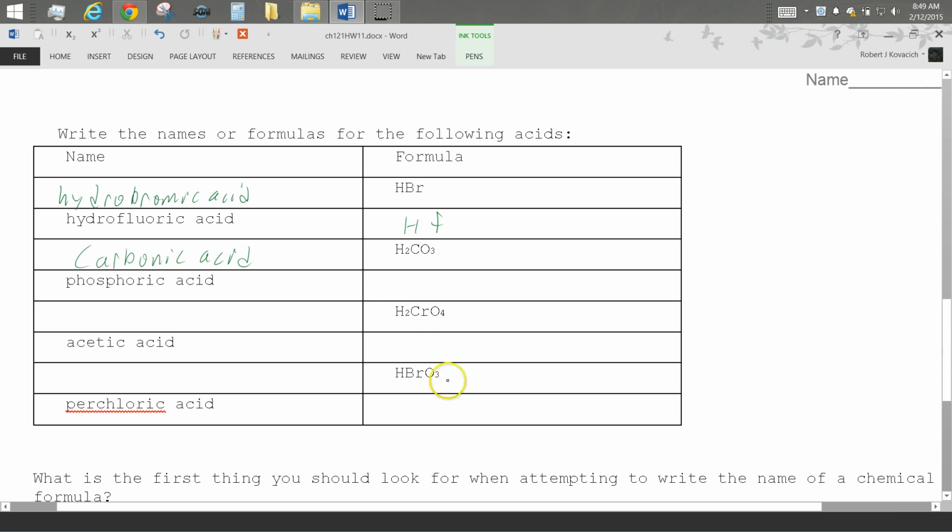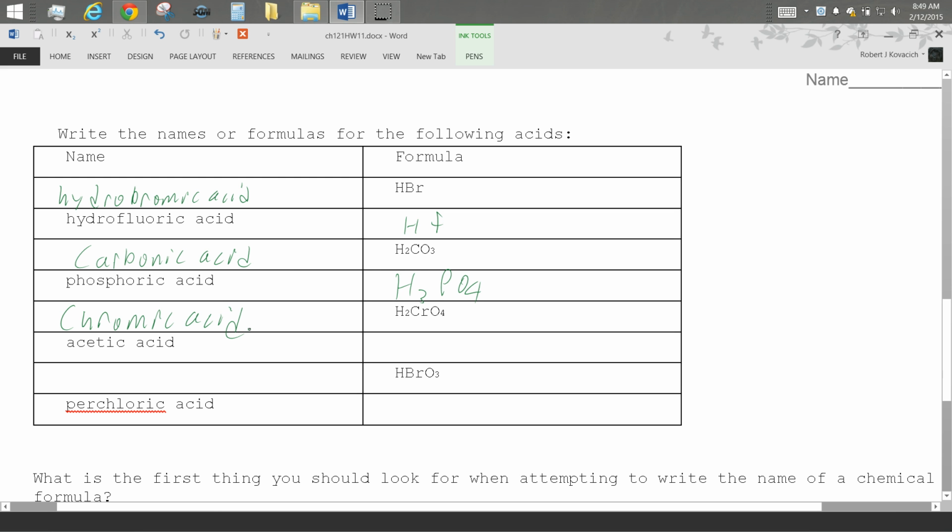And phosphoric, what's that one? H3PO4? How about the next one? Acetic acid? What's that formula?